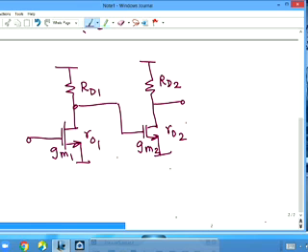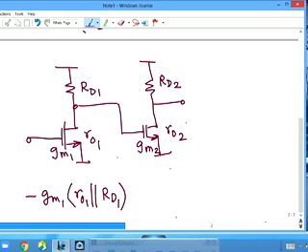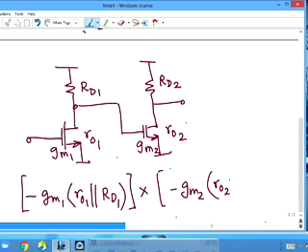So the gain of the first stage is minus gm1 times RO1 in parallel with RD1, and the gain of the second stage is minus gm2 times RO2 in parallel with RD2.